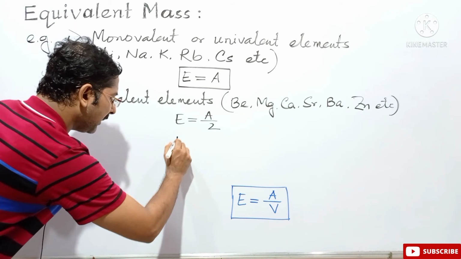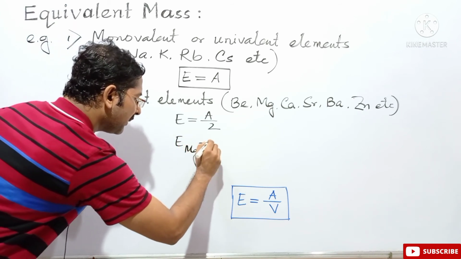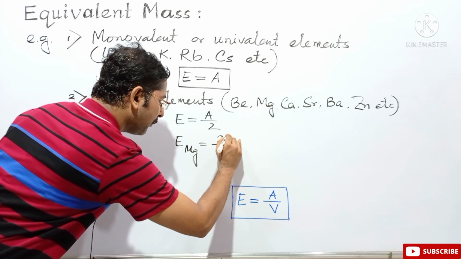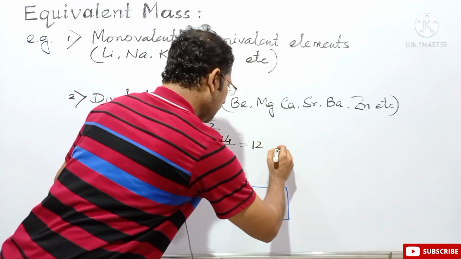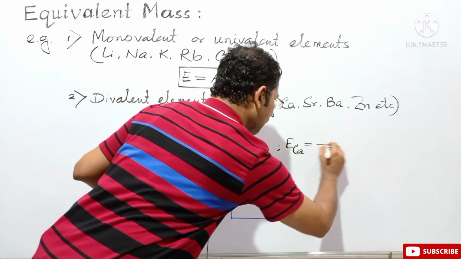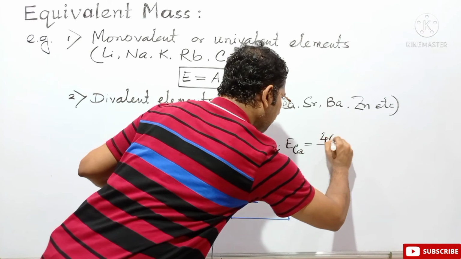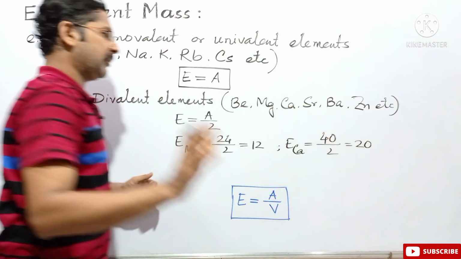Say for example, the equivalent mass of magnesium is 24 by 2, this is 12. Equivalent mass of calcium is 40 divided by 2, this is 20, and so on.